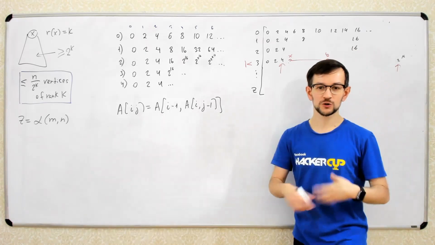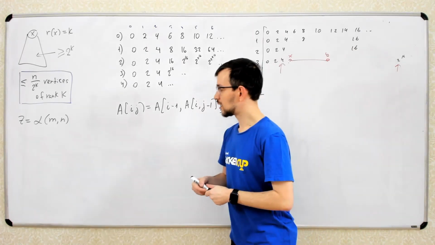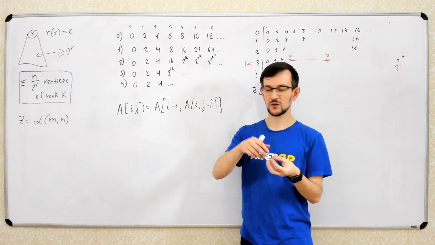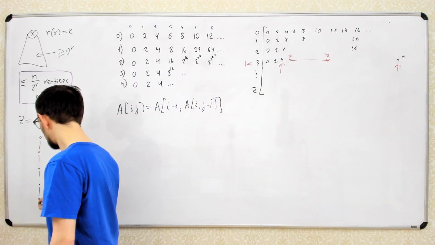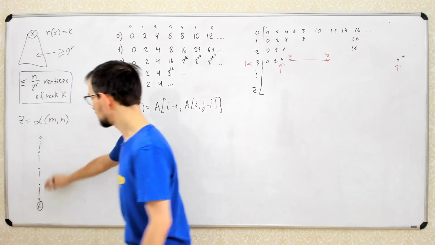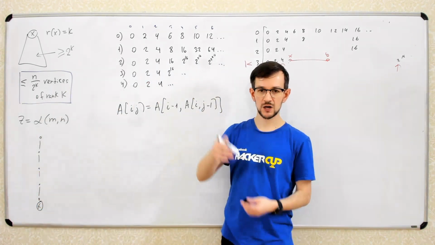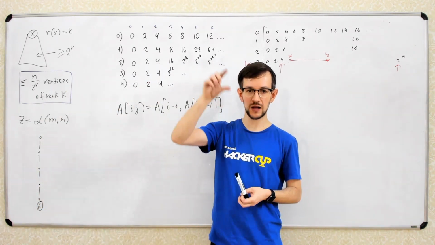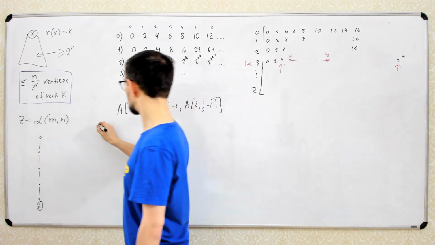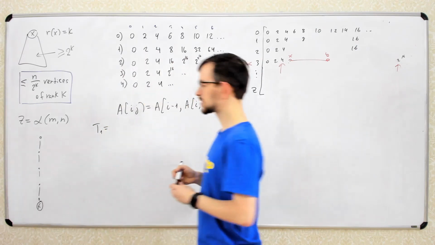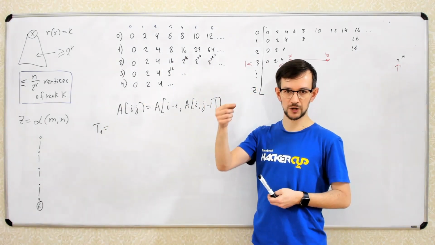So how to calculate the total time complexity? Again, let's look at some path from X. On this path, we have some classes. For each class, we have some last edge from this class and not-last edges. So let's calculate them all. First, T1: let's calculate the last edges from each class.